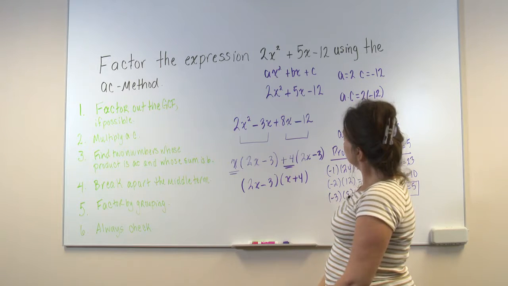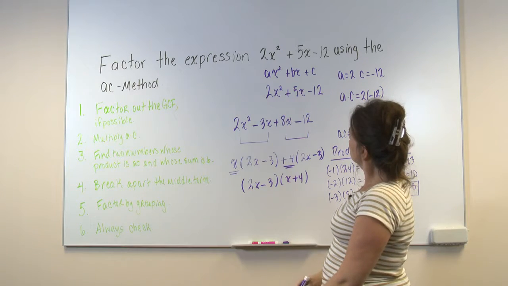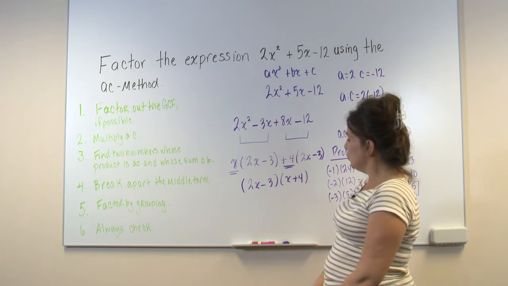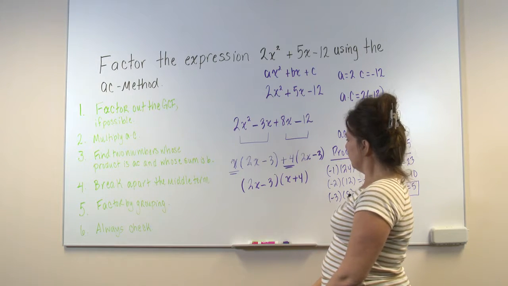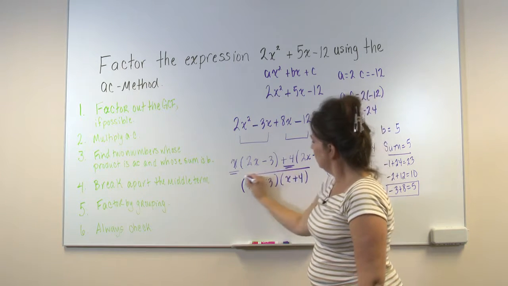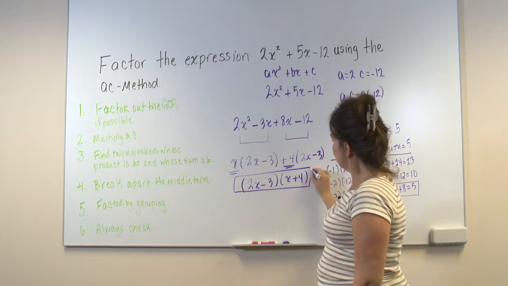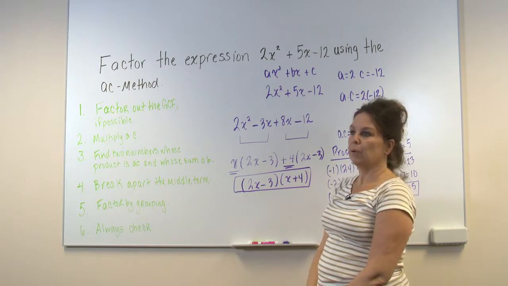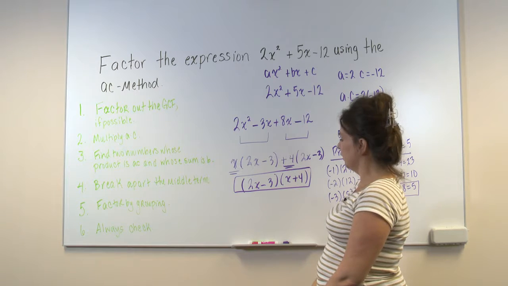The factorization of 2x squared plus 5x minus 12 is 2x minus 3 multiplied by x plus 4. As a last step, I should check the problem. I should distribute or FOIL to make sure that it checks.